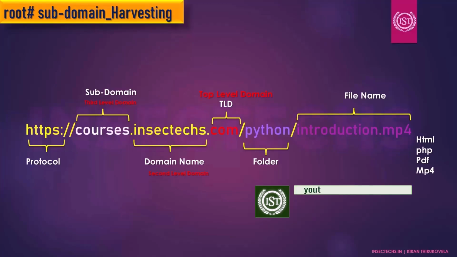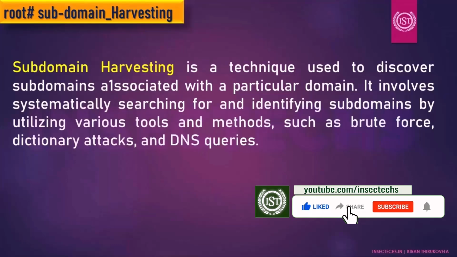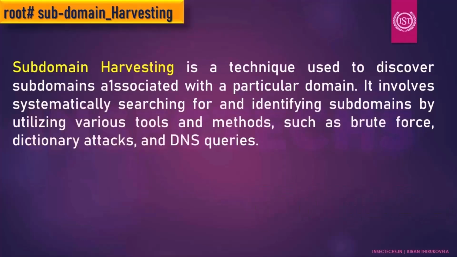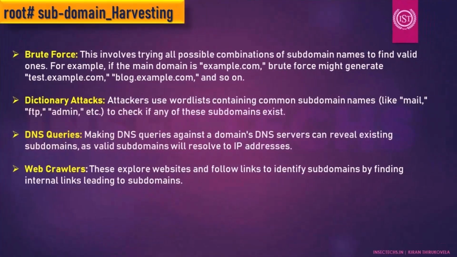Okay, so the definition of subdomain enumeration or subdomain harvesting is a technique of discovering subdomains associated with a particular domain. That is what we said earlier, and it involves a systematic search, whether manual or using tools, by methods like brute force, dictionary and DNS queries. For pen testers or hackers, subdomain enumeration is a crucial step in various cybersecurity and web application testing.